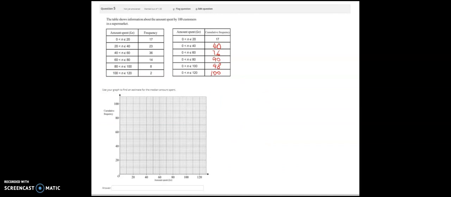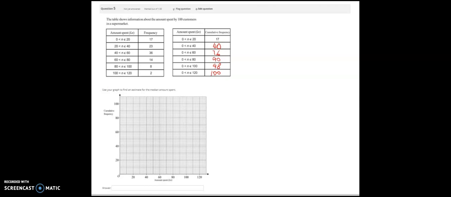Question number 5 links to question number 4. What we have to do here is to use the graph to find an estimate for the median amount spent. So we have this cumulative frequency graph which we need to fill in and use to work out the median amount spent. Vertically we have cumulative frequency, and on the horizontal axis we've got amount spent.